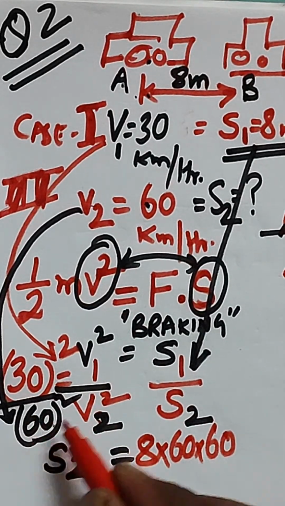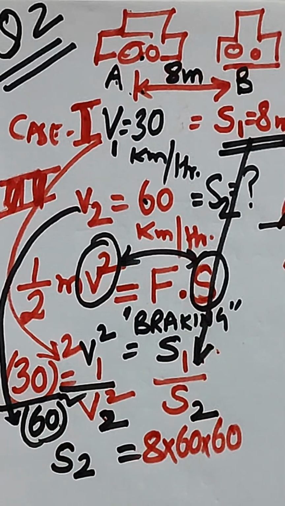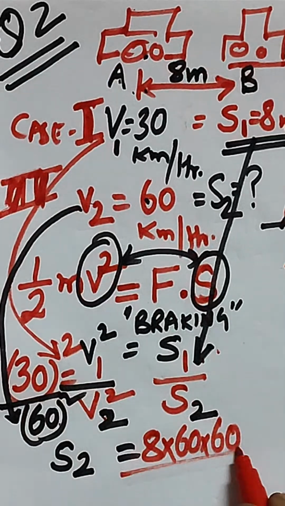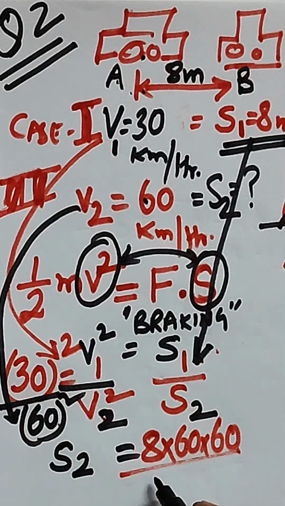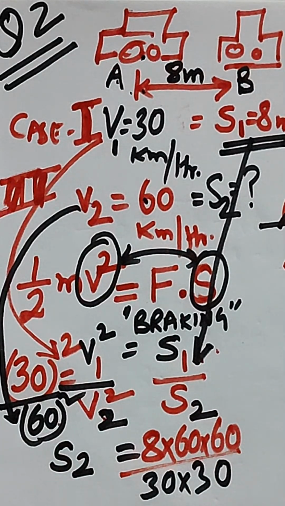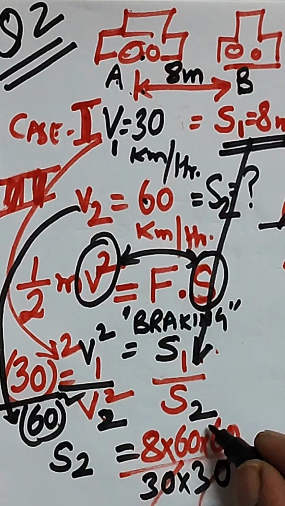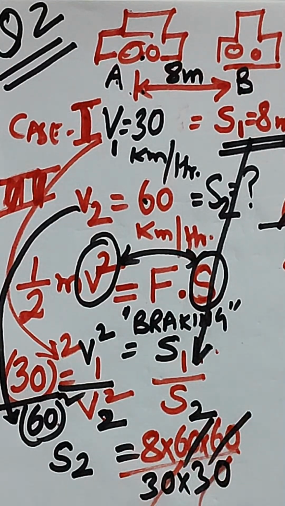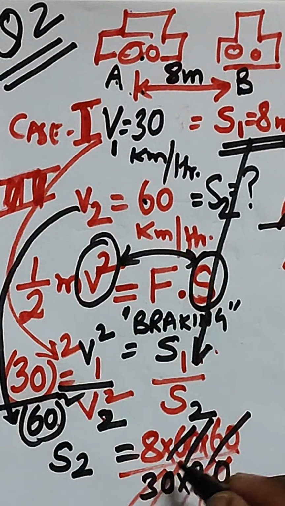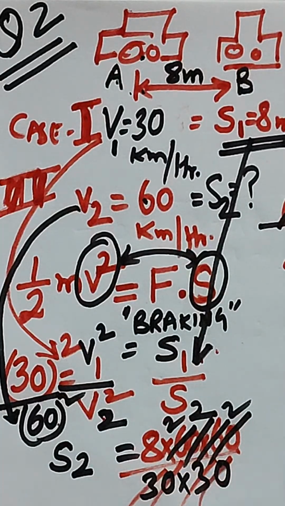This 60 will go to the numerator and be multiplied with S1, divided by 30 into 30. Here you can see these two zeros will be cancelled out with these two zeros, and these 3 and 3 will cut the 6 and 6 in 2 and 2 times.